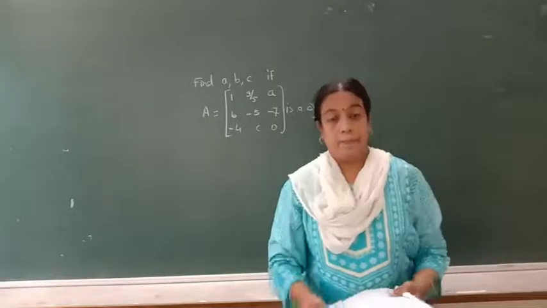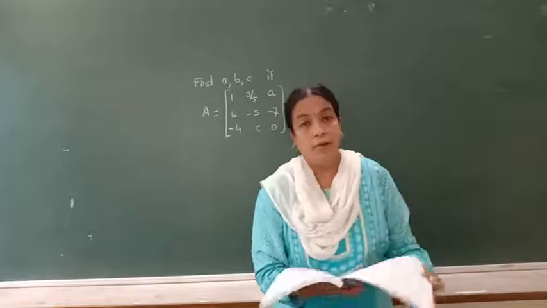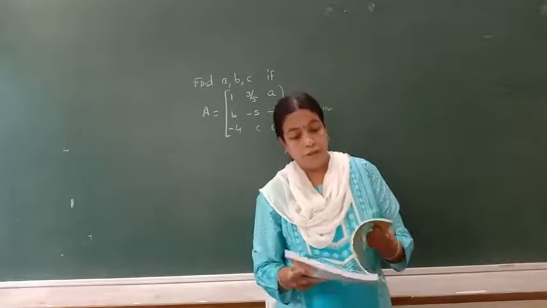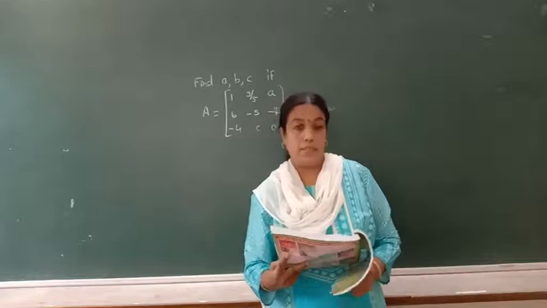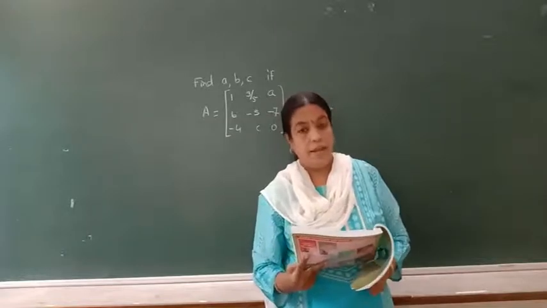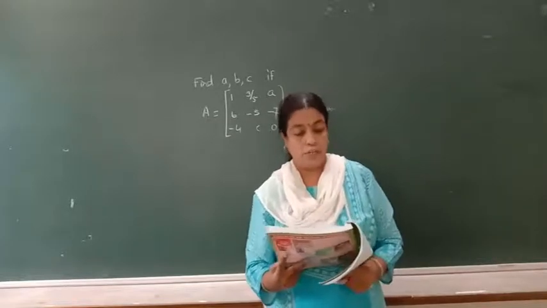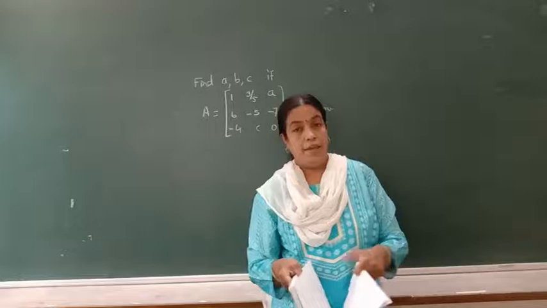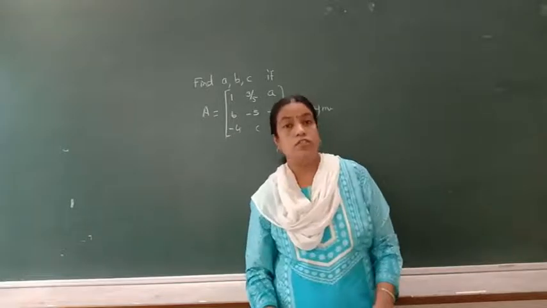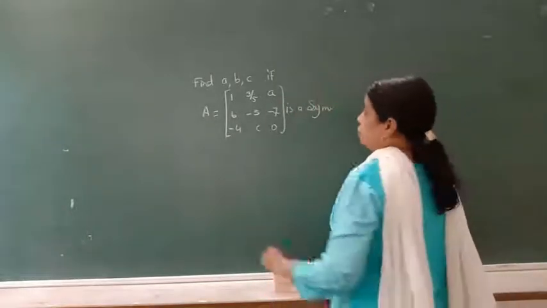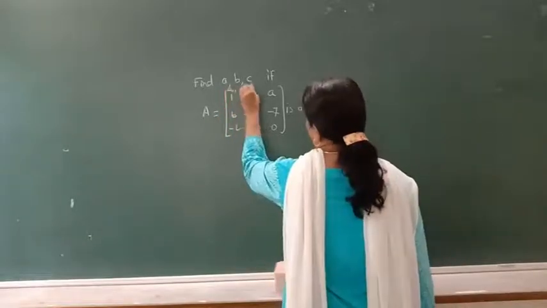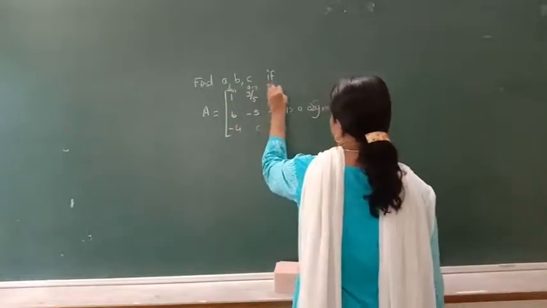Symmetric means what? We have seen the definition of a symmetric matrix that day only. A square matrix is symmetric if Aij is equal to Aji. Okay. Now, first we will name the elements A11, A12, A13.